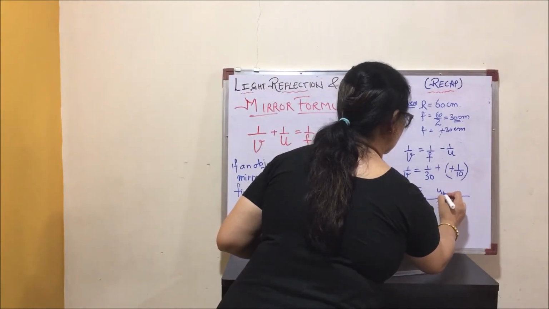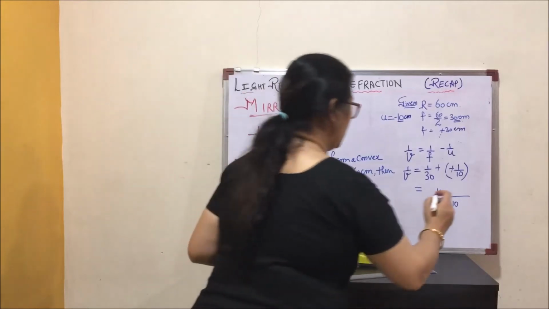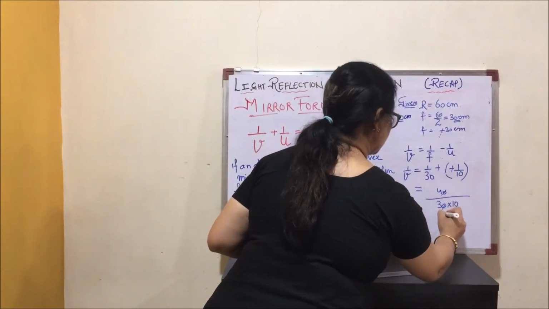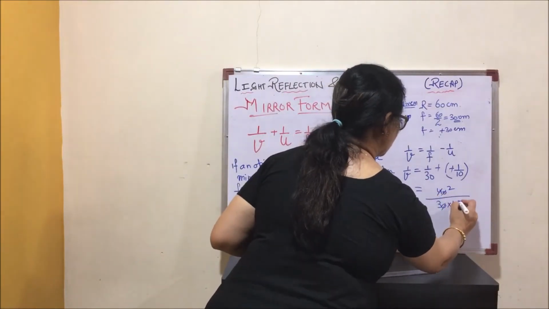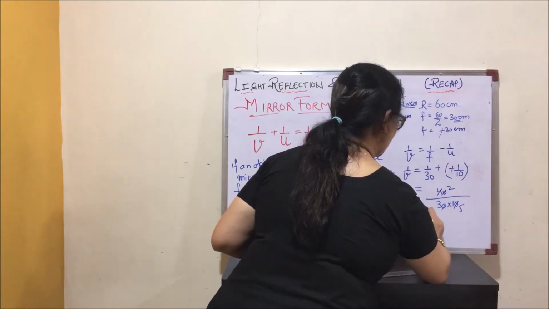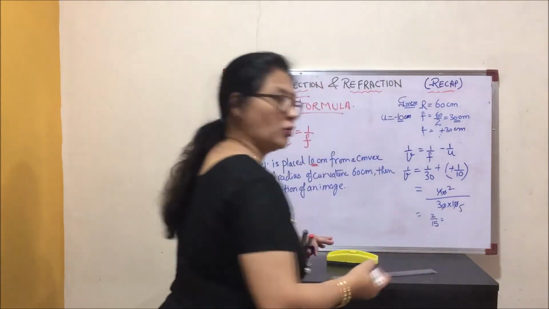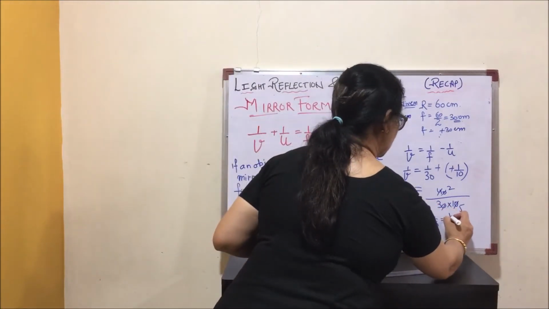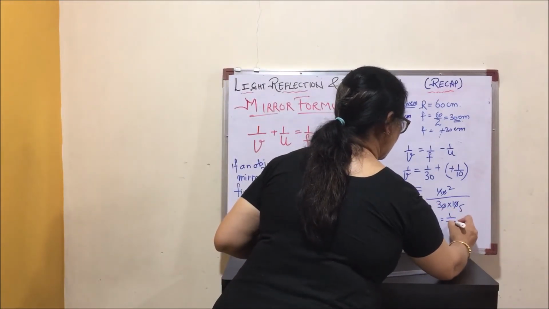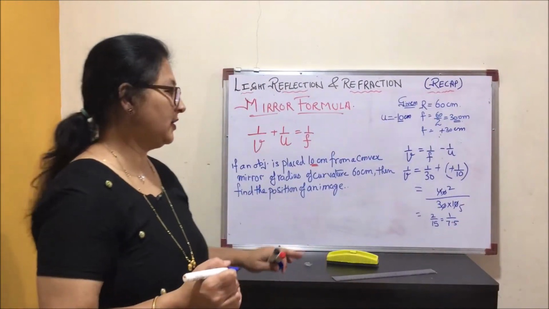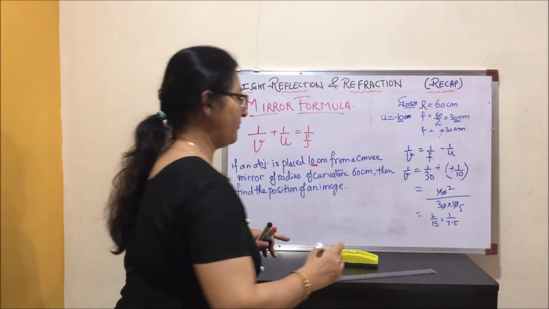This will be 30 plus 10, 40, right? Cut it. 2 2s are 4, 2 5s are 10, right? So you are getting 2 upon 15. When you solve 2 upon 15, divide 15 by 2, it will be 7.5.